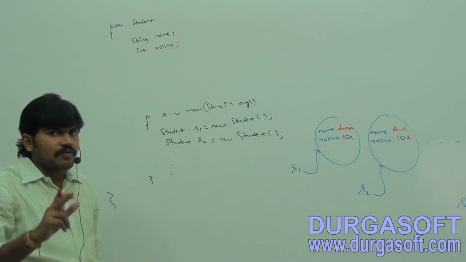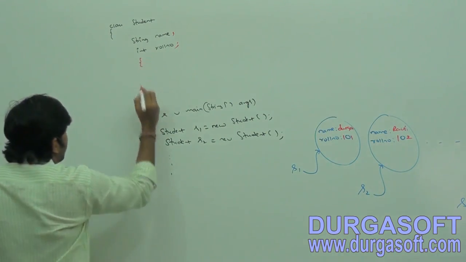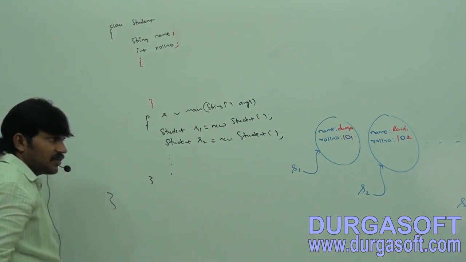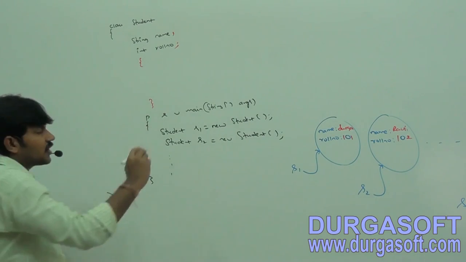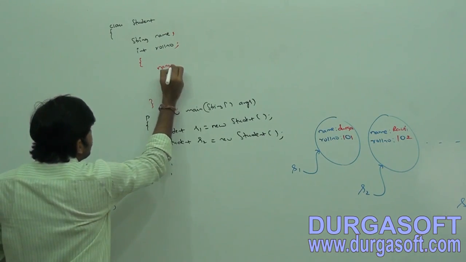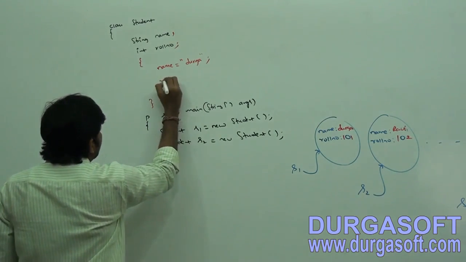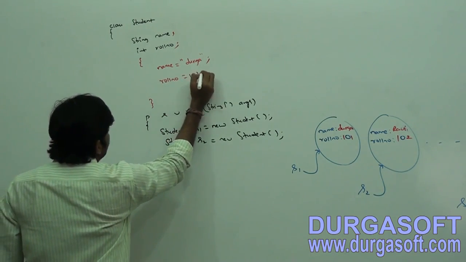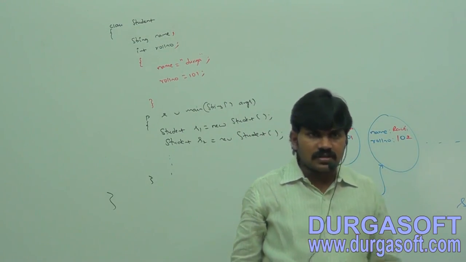Then where can I perform initialization? Second option: here I am taking curly braces, open and close. Sir, can you tell what this approach is? Instance block. Within the instance block, name = "Durga" and rollNumber = 101, like this I am taking.